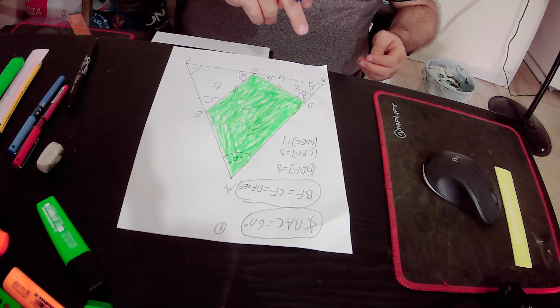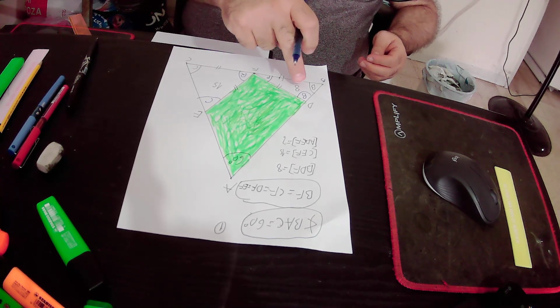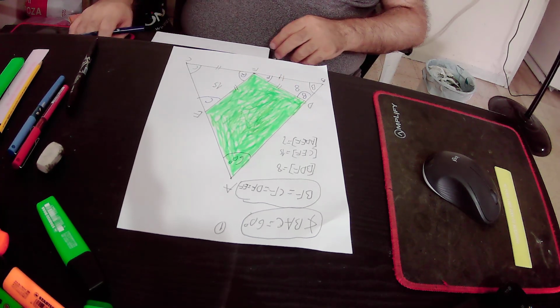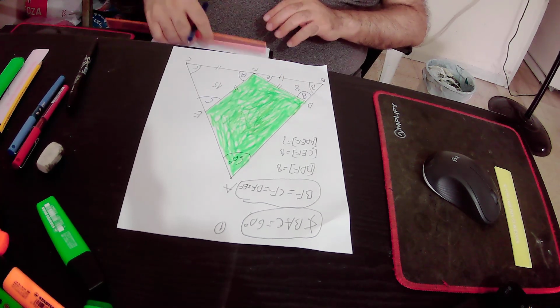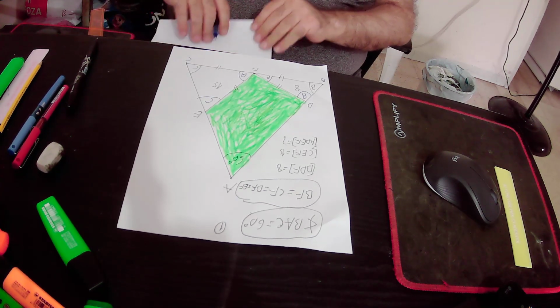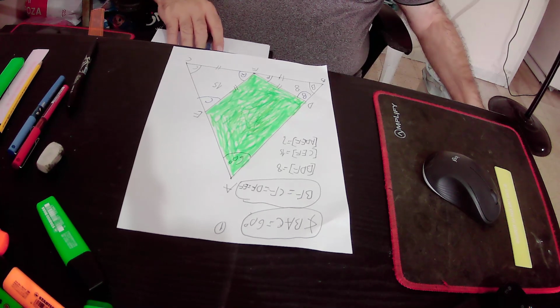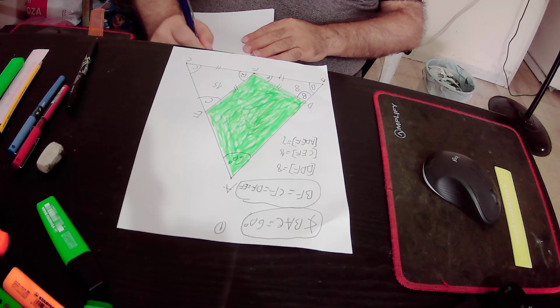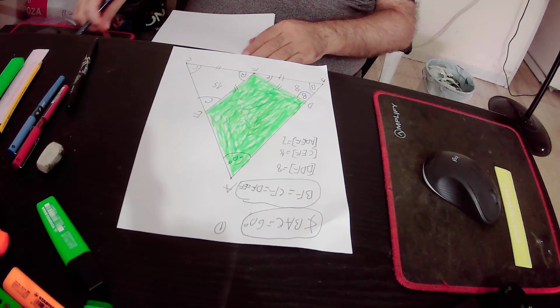So the sum of the angles in triangle BDF equals 180 degrees.